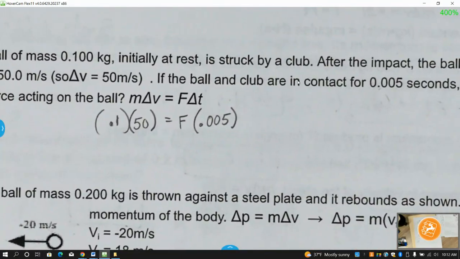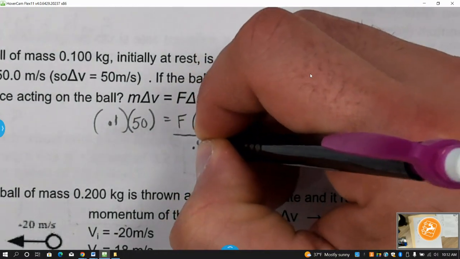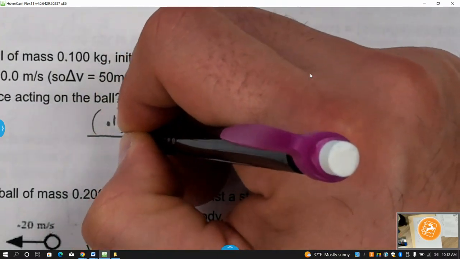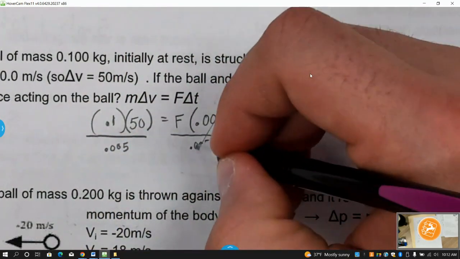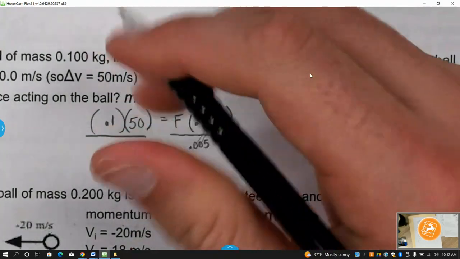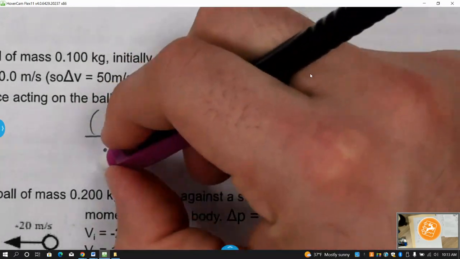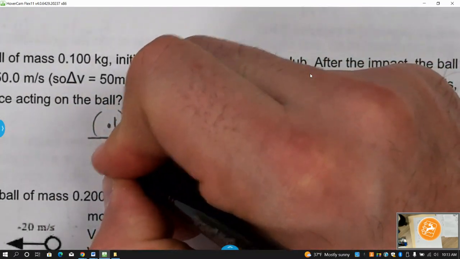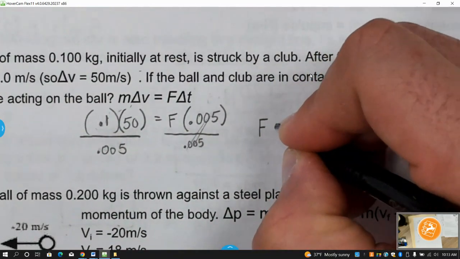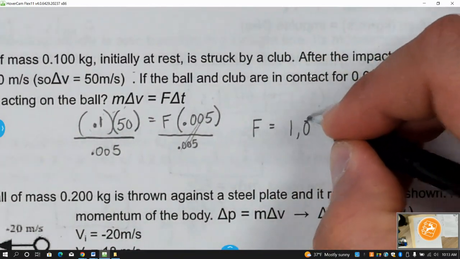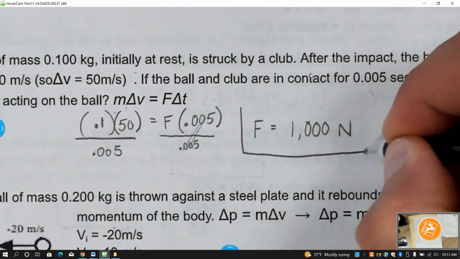Divide both sides by 0.005. Good. That gets rid of this. So in your calculators, you would just do 0.1 times 50, and then divide that by 0.005, and F will come out to be 1,000, and the unit for force is the Newton.